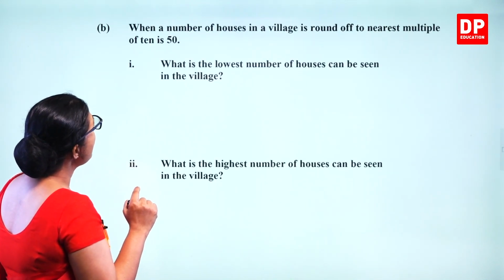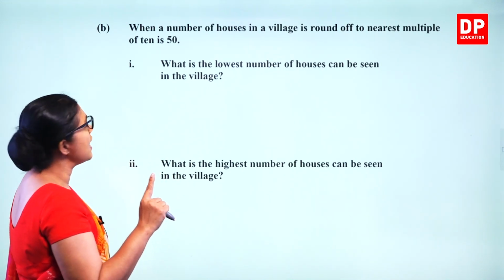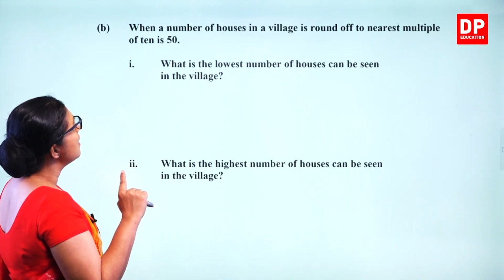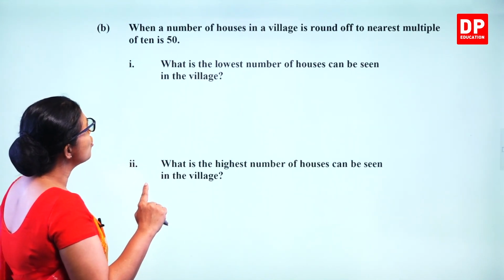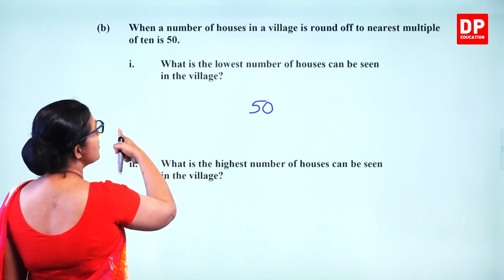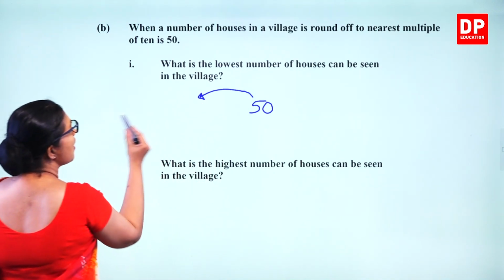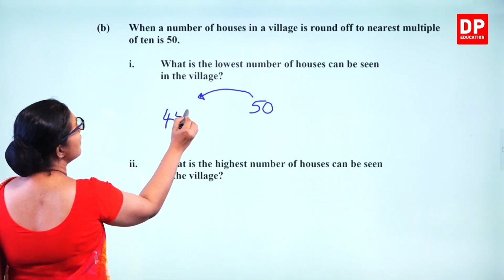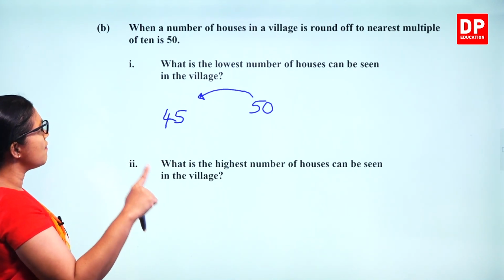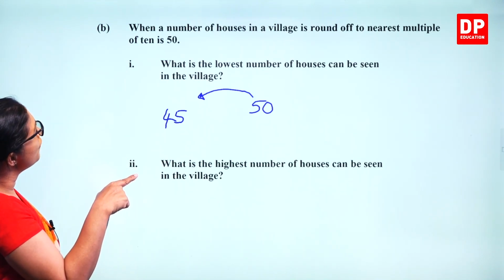Part B. When the number of houses in a village is rounded off to the nearest multiple of 10, it is 50. What is the lowest number of houses that can be in the village? If the rounded value is 50, we need the lowest number. So the lowest number becomes 45. 44 becomes 40. 45, 46, 47, 48, 49, 50, all rounded to 50.